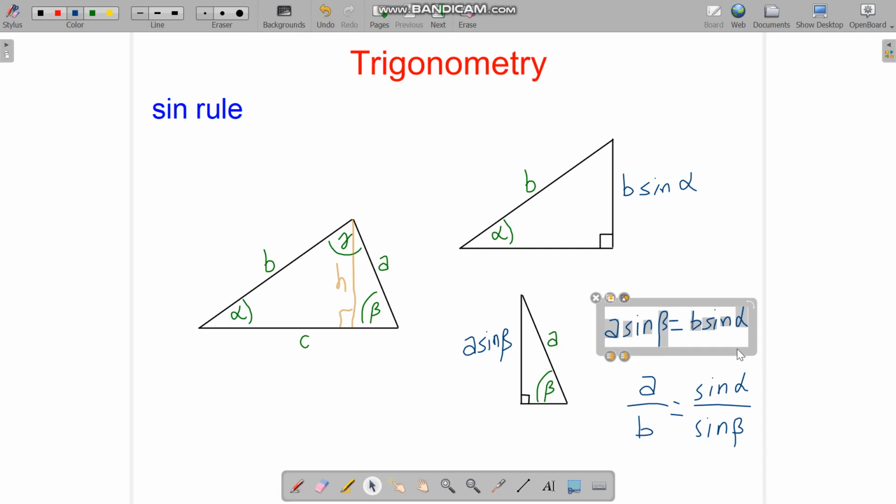And if we do the same thing, but this time we draw the altitude line here, at a right angle, we'll get the same kind of relationship for gamma and beta.